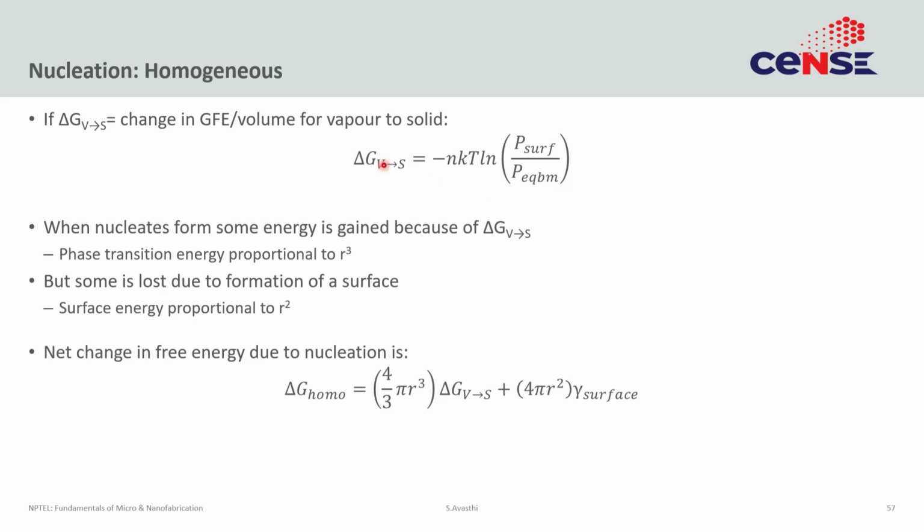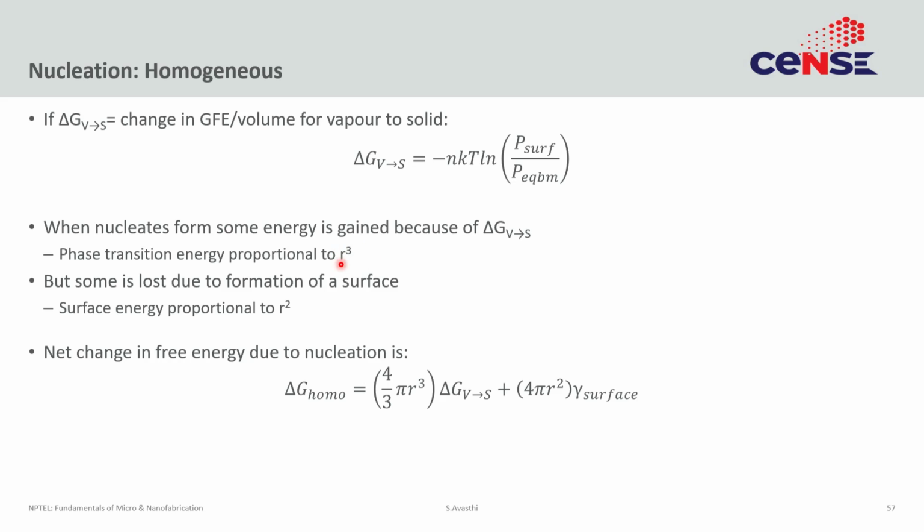Well, it is gaining this free energy, and since the volume of a sphere goes as r cube, if the radius of this nucleus is r, then it would gain energy as a function of r cube. Bigger the radius, more the energy that you have gained.